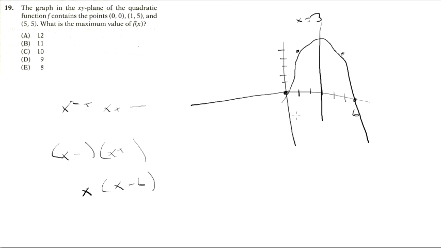However, the problem with that is that at 3, we're going to get 3 times 3 minus 6. Okay, so that's going to be a negative number, 3 minus 6, so minus 3.